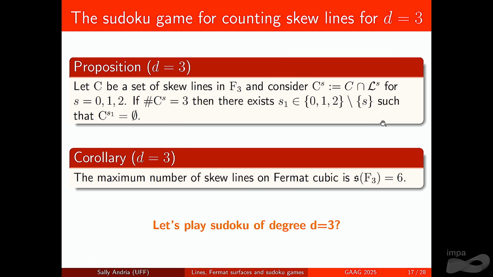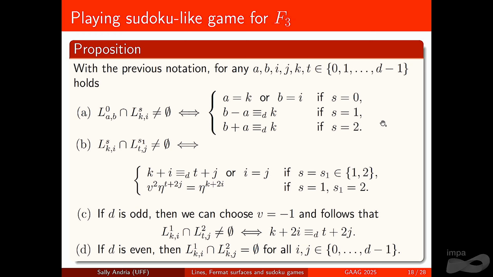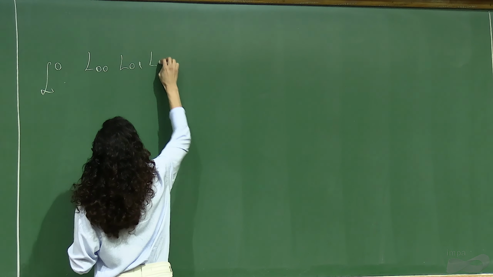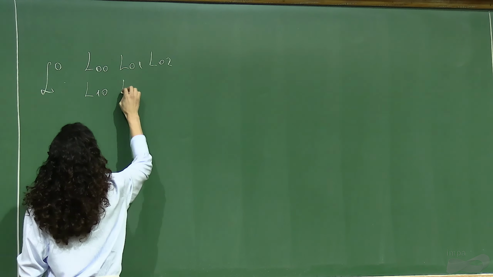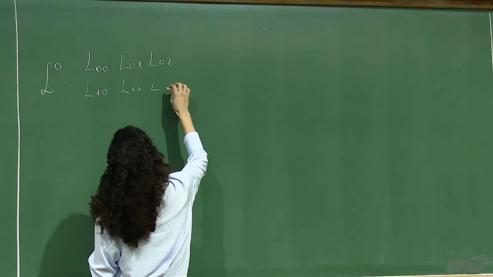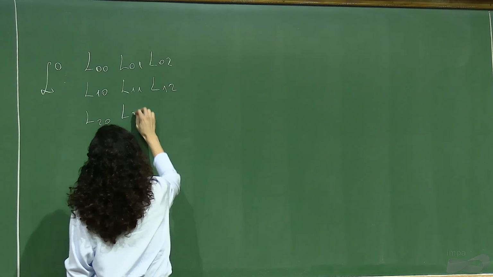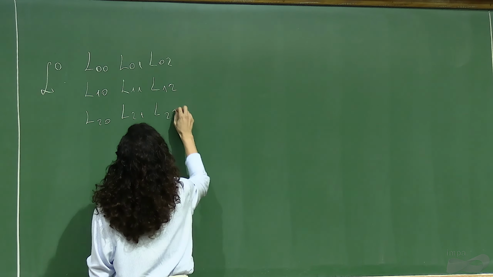So let's play a Sudoku. So I will put the proposition again, and I will write here these tables of the lines. So L0, we have L00, L01, L20, L21, L22.